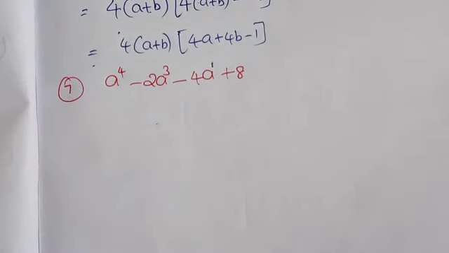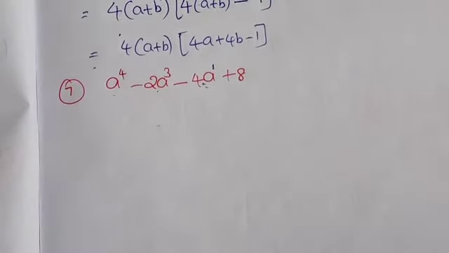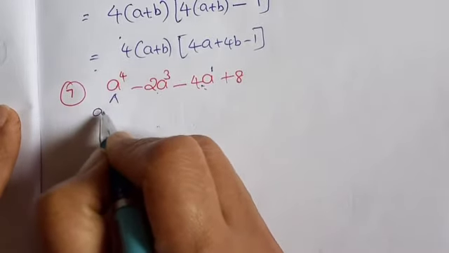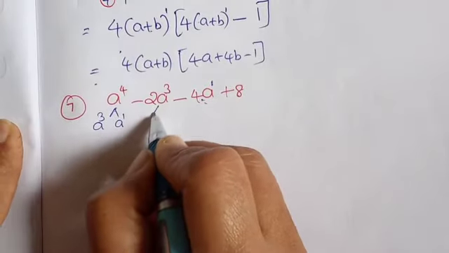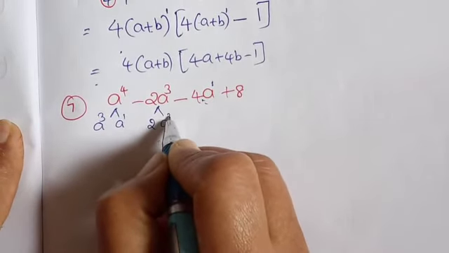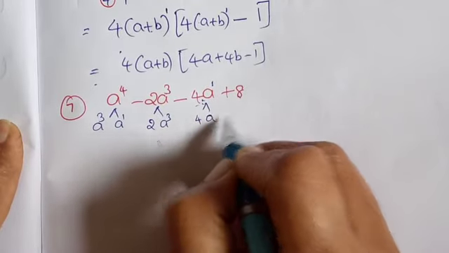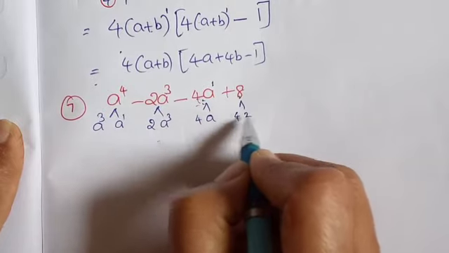Fine, no problem. So if these two terms and these two terms we are grouping, a³ I can write as a³ into a, and here −2a³, and from these two I can take 4 as common, 4 into 2.